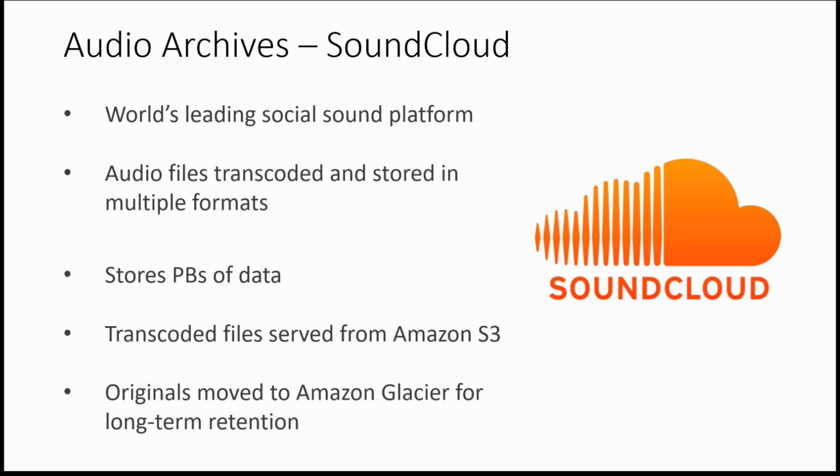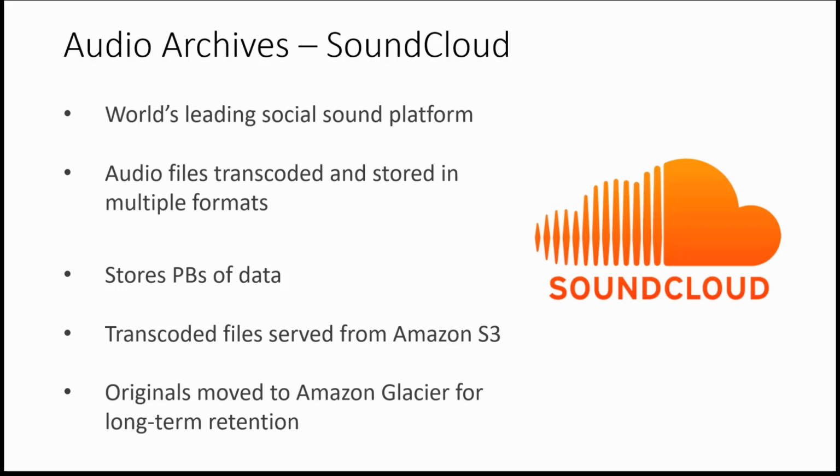So SoundCloud is a great example of using an active archive. They're a customer of ours, and if you've gone to the site, and I encourage you to, they take audio files in from musicians and producers from around the world. The audio files are then transcoded and stored in multiple formats, and they store petabytes of data.